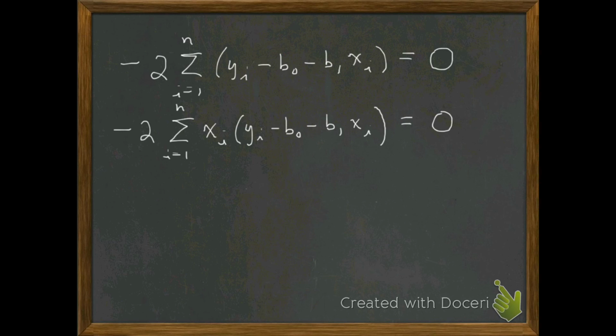All right, so taking this, we can clearly simplify, divide through by -2, which gives us the sum i equal 1 to n of y sub i minus b0 minus b1 x sub i.